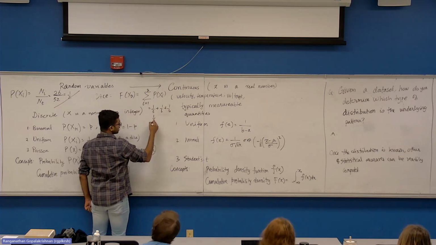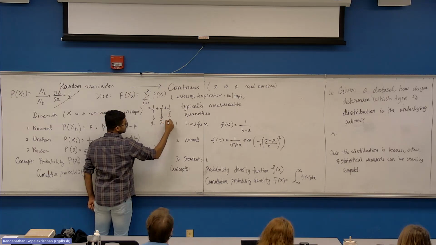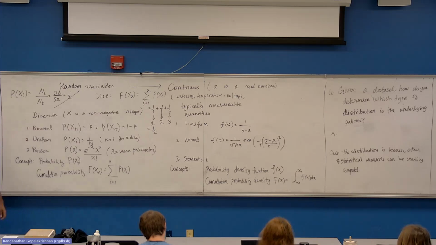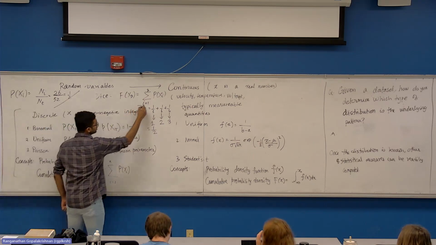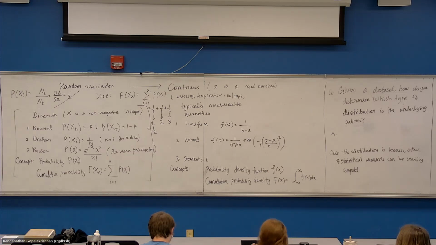This 1/6 is the chance of getting a 1, this 1/6 is the chance of getting a 2, and this is the chance of getting a 3, which will make this 1/2. So as far as discrete distributions are concerned, this right here has all the information you need to solve problems if you know what you're doing. Okay, I'll give you a moment to write it.